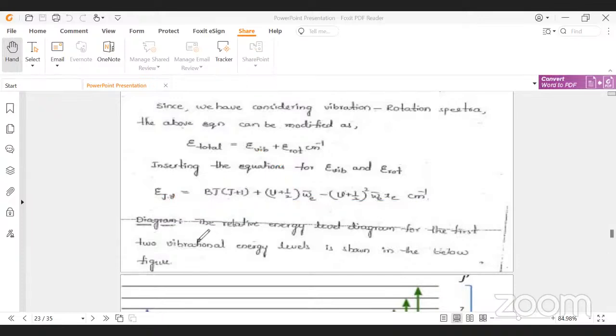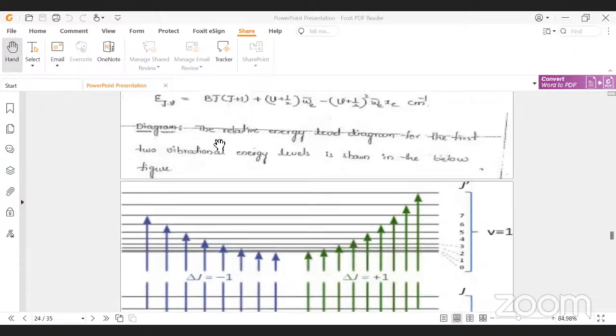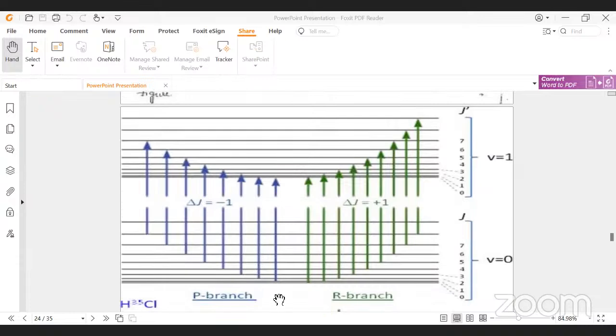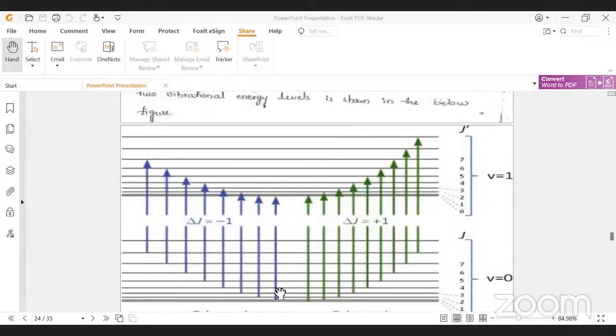The relative energy level diagram for the first two vibrational energy levels is shown below. These are two different vibrational energy levels.